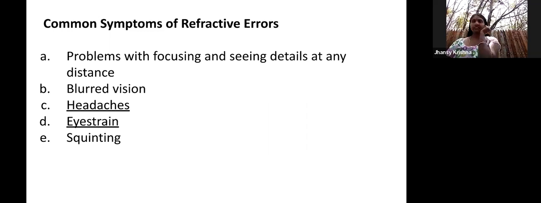Symptoms of refractive errors include blurred vision, headache, eye strain, and squinting.